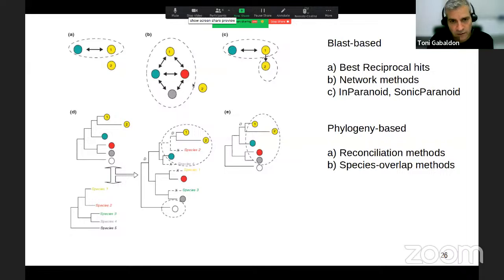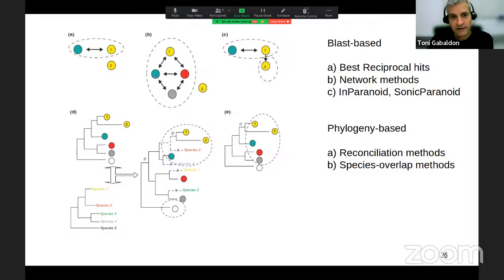And then from these networks, clusters of genes are selected, and these are called orthologous groups. And this, I would say, is the most popular method nowadays, and methods like OrthoFinder, eggNOG and many others are based on this approach.